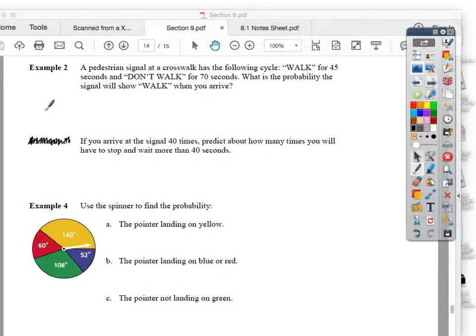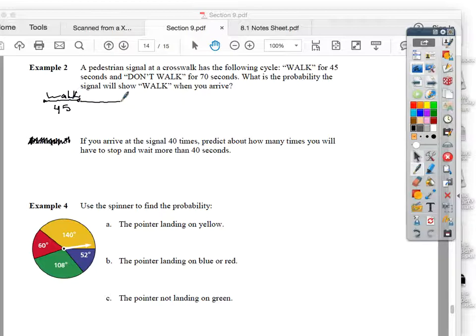Well, let's just draw this out in a picture and make this make a little bit more sense. The walk segment is going to be 45 seconds in length. Okay.